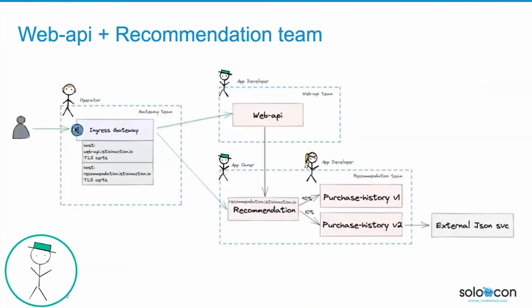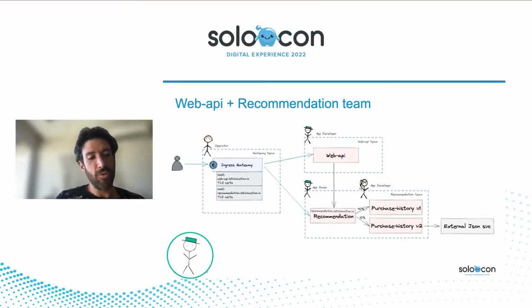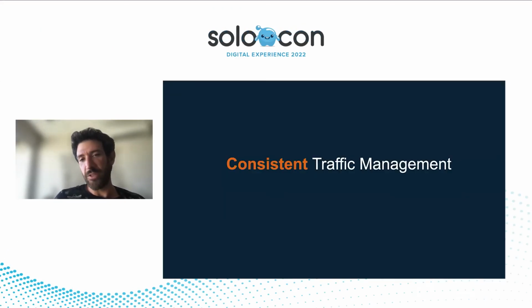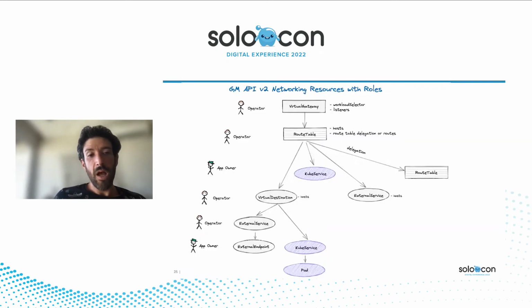So just to sum it up, we've created now partitions for our different parts of our application stack. We have a partition for our gateway, a partition for our web API, and a partition for the backend recommendation service. So the next question is, how do we actually connect all these together for traffic?